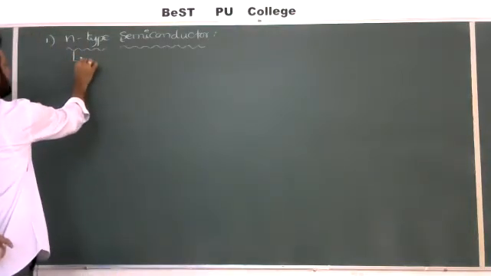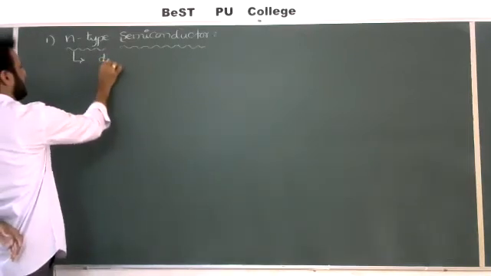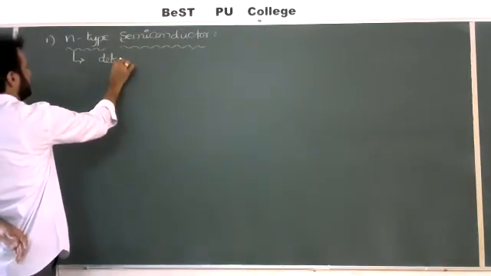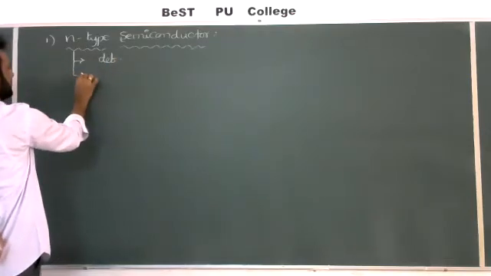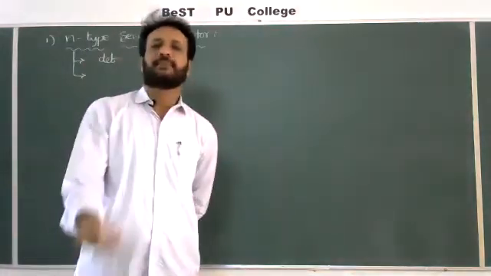So generally, what is an N-type, negative type semiconductor? To an intrinsic semiconductor, that is a pure semiconductor, whenever pentavalent impurities are added, then the obtained semiconductor is called an N-type semiconductor.